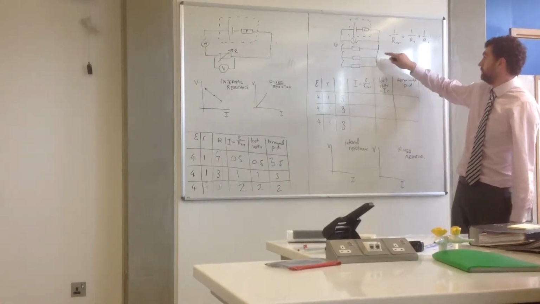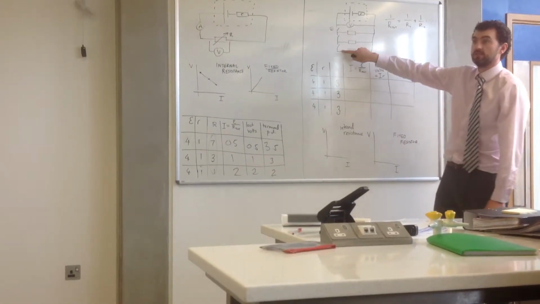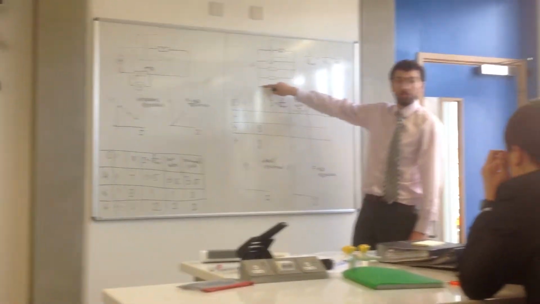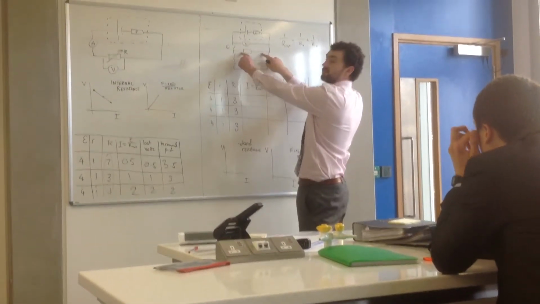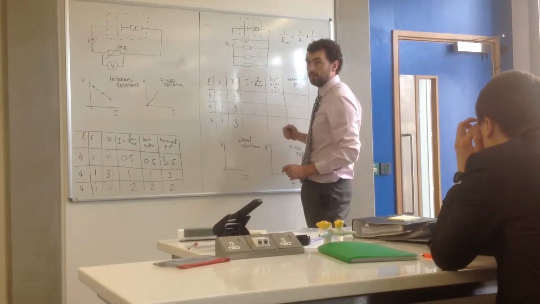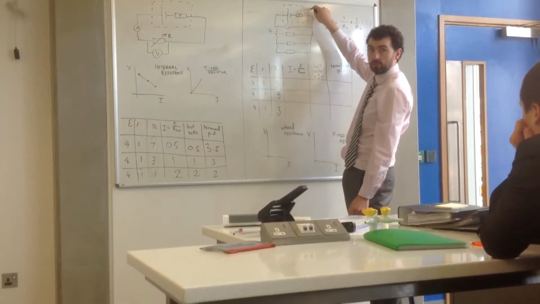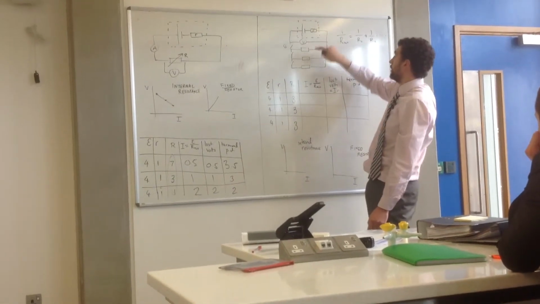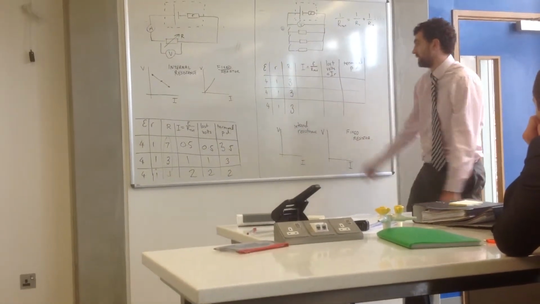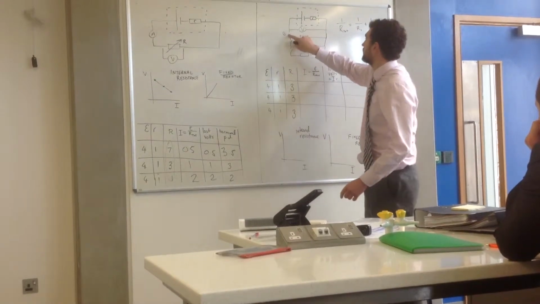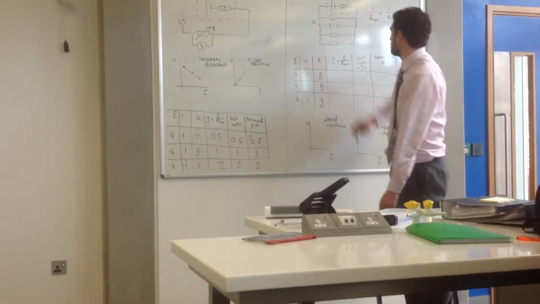So what I'm going to do is close the switches one after each other. This way the voltage across the resistor is just going to be the terminal PD, but I'm going to change the current through the battery. I'm going to lose my volts still, but I'm going to get the current split in here. So let's close one switch. Good, that's closed.